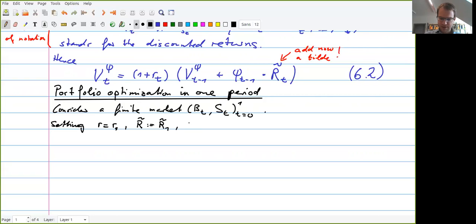A is just 0, so this is my trading strategy. My position in the risky asset, which was before an adaptive process, is now just a constant because it's F0 measurable, or supposed to be F0 measurable.